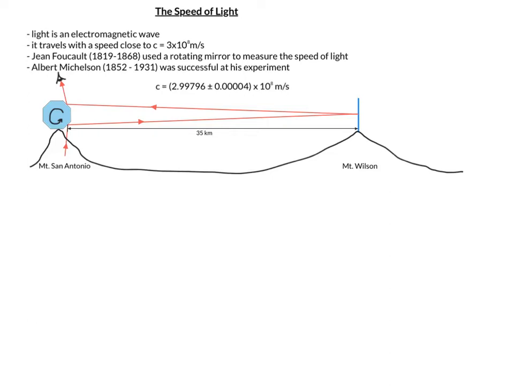The value that Michelson obtained was 2.99796 plus or minus 0.00004 times 10 to the 8th meters per second, and that is very close to the accepted value, which is now defined to be this value. Now, it is so much more convenient to just use 3 times 10 to the 8th meters per second, since it's so close to the actual value that we will always use 3 times 10 to the 8th meters per second for the speed of light.